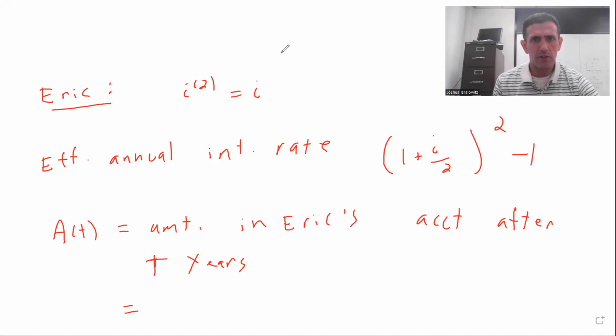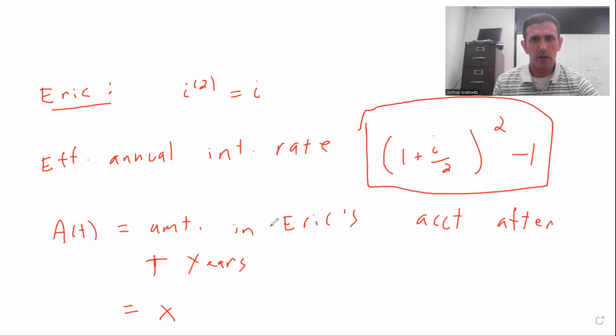Well, A sub 0 is going to be X. The problem says Eric deposits X into a savings account at time 0. Okay, we have the effective annual interest rate. It's going to be this right here. So we take this plus 1. The ones cancel.